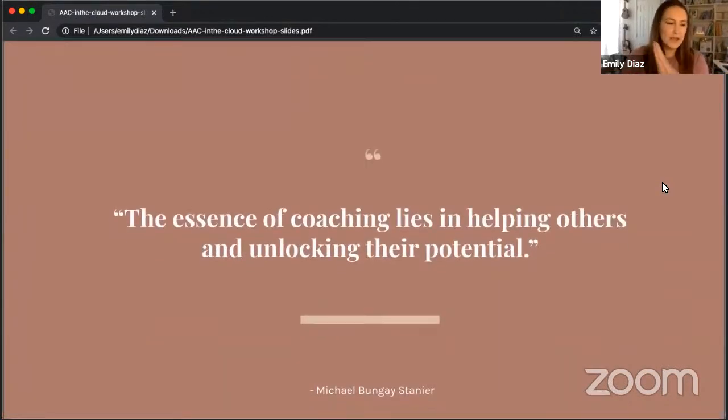All right, some of my favorite pieces of literature, like I said, are the ones that don't focus on direct AAC interventions, but rather focus on communication partner interventions. And if you're not already aware, communication partner interventions and some of those indirect components of AAC therapy are massive when it comes to managing AAC in the classroom and having staff buy-in and getting the staff to continue implementing AAC even when you're not there.